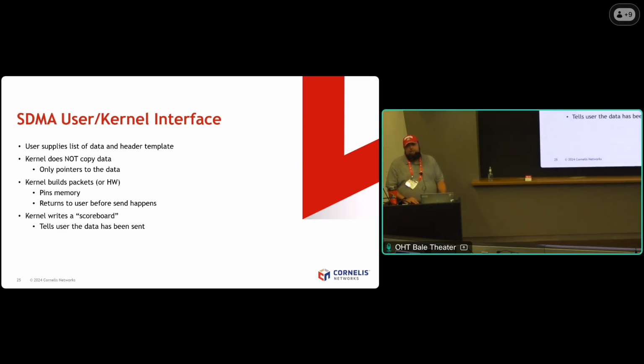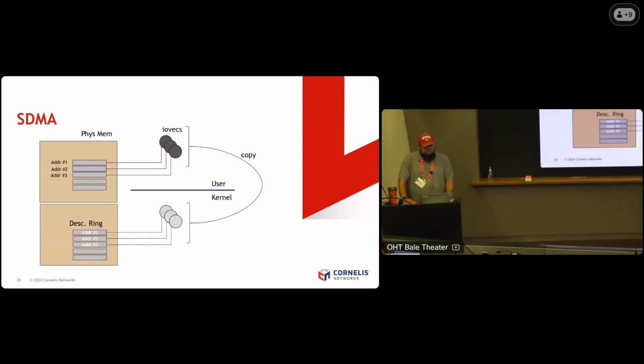Now that doesn't mean that the packet's going to go out. It could still have an error and fail, but you'll get an error that tells you that the packet failed. And we use what I call a scoreboard. That's how we convey the completion information to the user, and lets it know if it's been sent or if there was a problem or whatever.